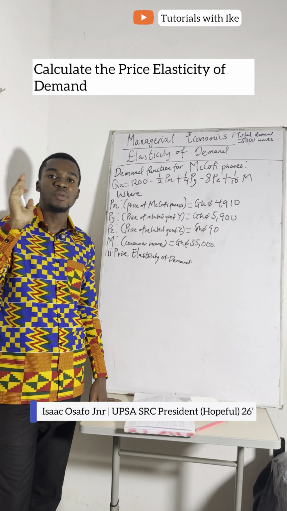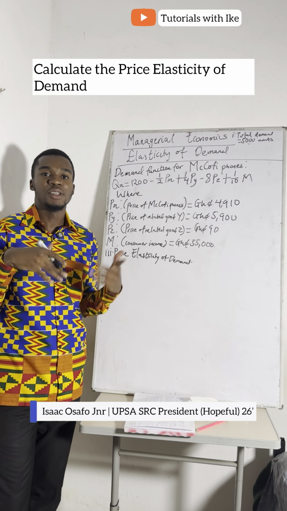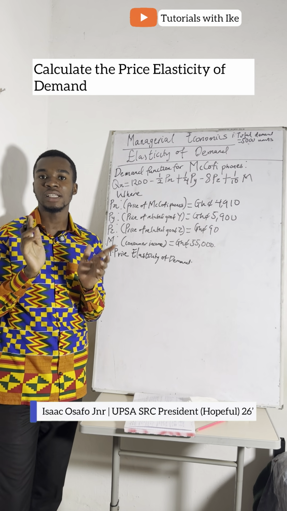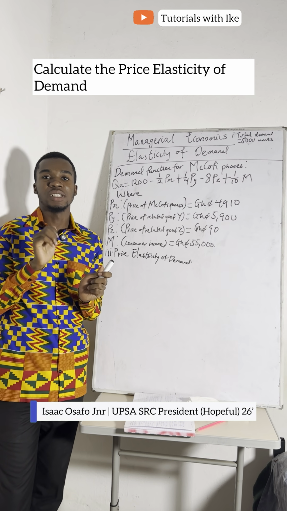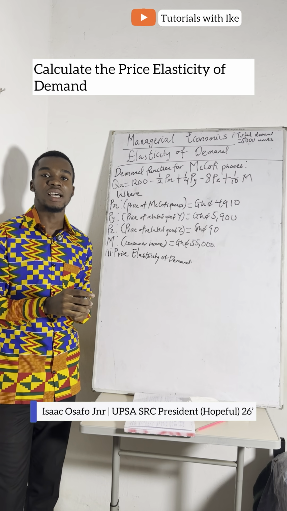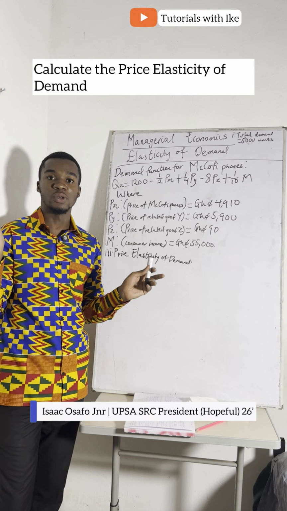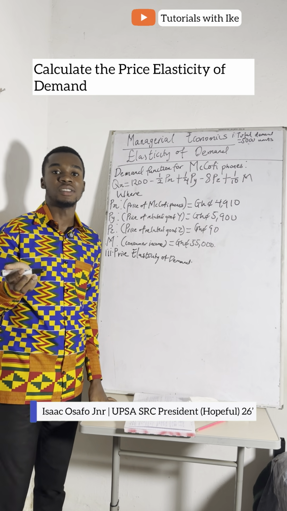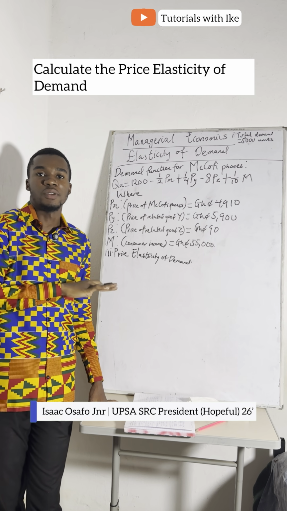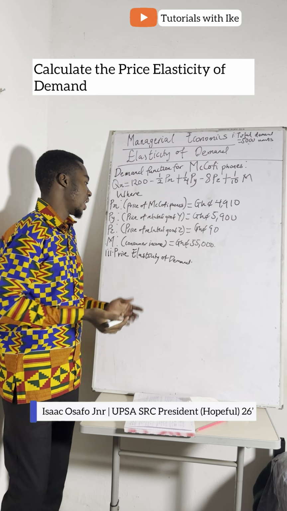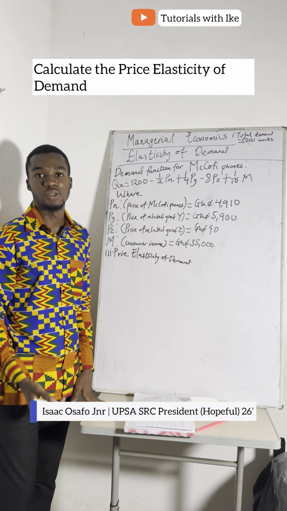If you realize that people buy the product at any price, then you can put all the 5 cedis on it. But if you realize that people are responsive to the price or they are going to stop buying when you change the price, then you can share the tax with them rather than letting them take all the cost. So instead of selling it at 55 cedis, you can rather sell it at maybe 52 cedis. You get it? Then you will take 3 cedis of the cost. So we use elasticity to check all these things. You get it? All right.